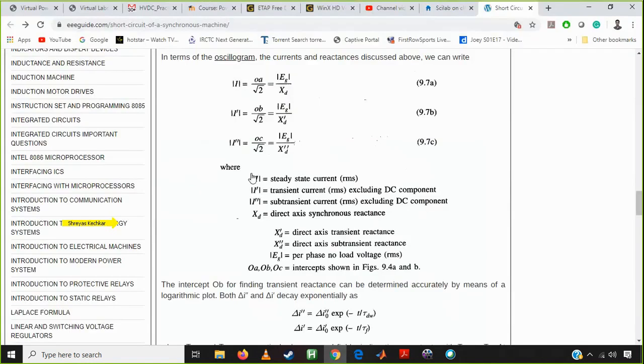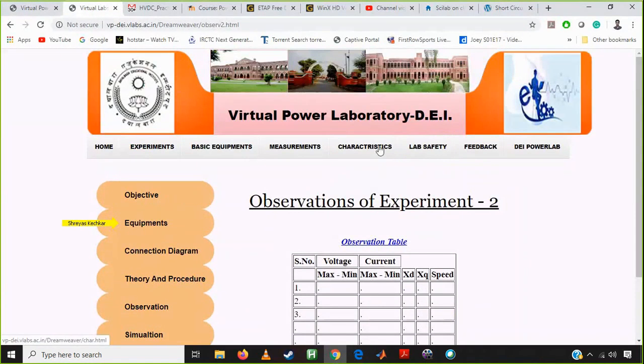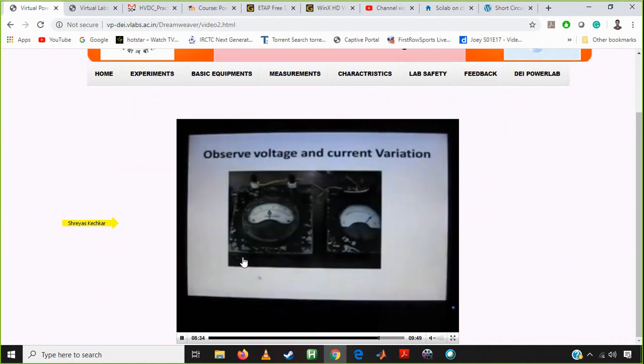We are having some kind of virtual lab. So this is a virtual lab, our laboratory. So you can go through that, you can find out. So we are looking for the observation. You can see the current and the voltage.